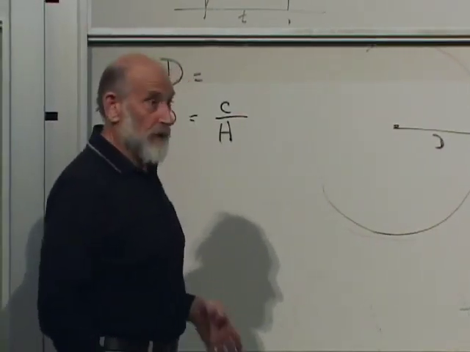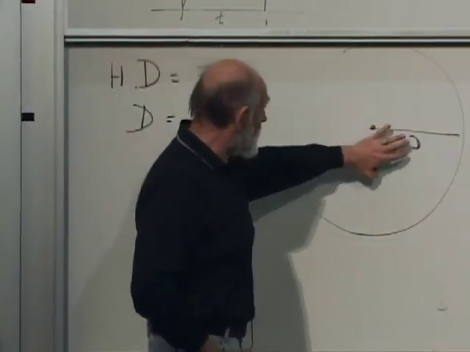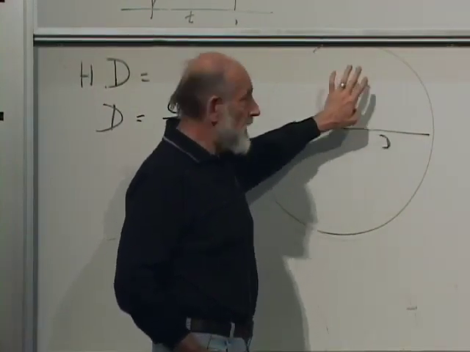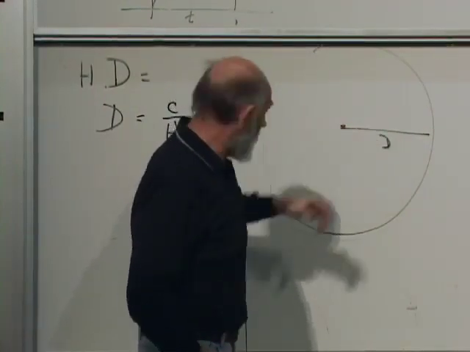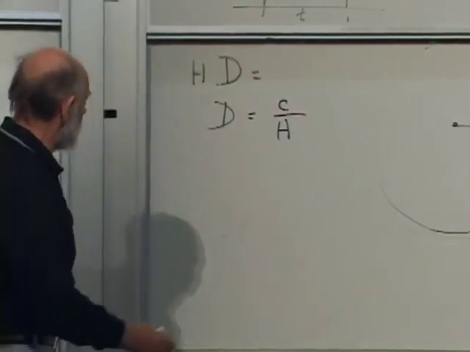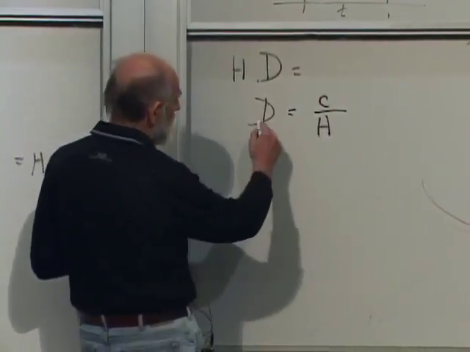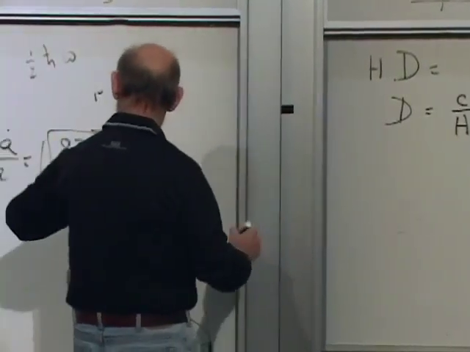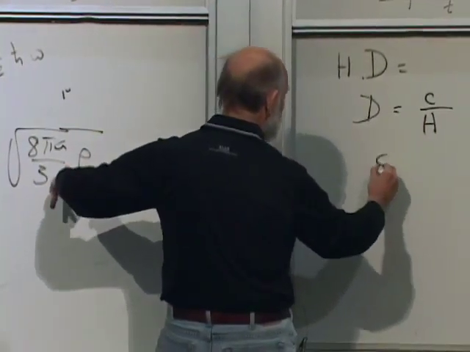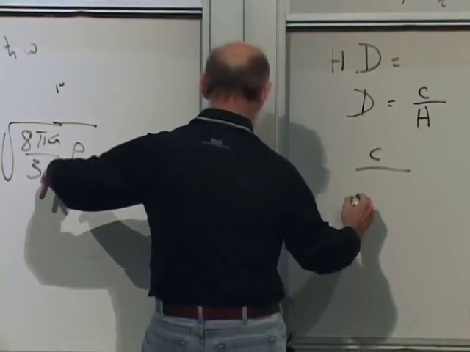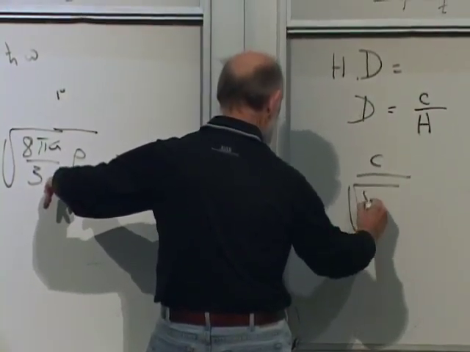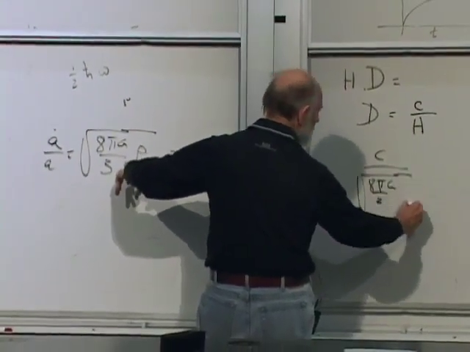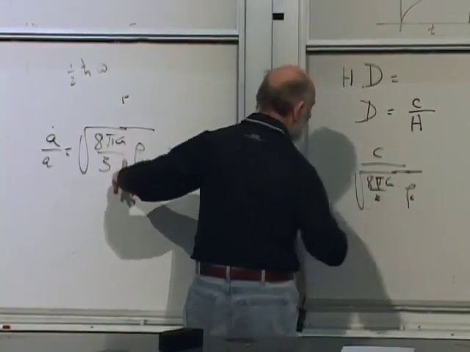The vacuum energy is just the volume of this times the vacuum energy density, which is rho naught. Let's work it out. The diameter here is c divided by the square root of 8 pi G over 3 times the square root of rho naught in the denominator.